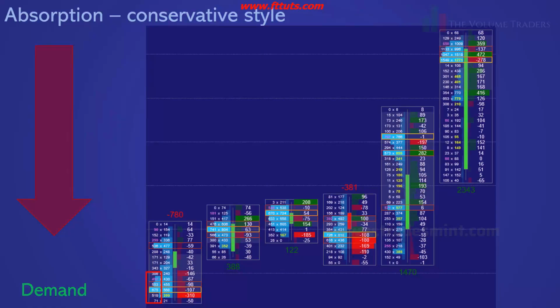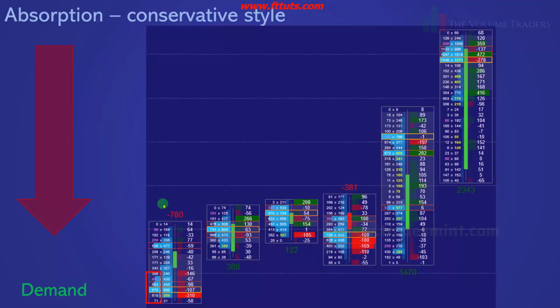So it is good to see a highly negative delta. Here in this case it is minus 780. After some chart time, you will know which numbers are big or which are too small. But this is highly negative delta for this particular asset.